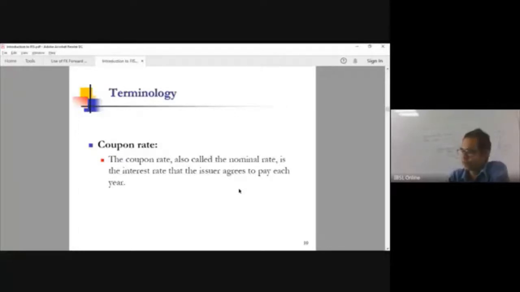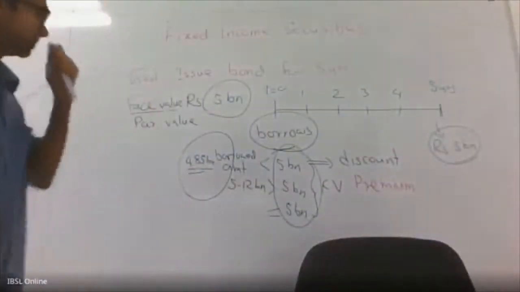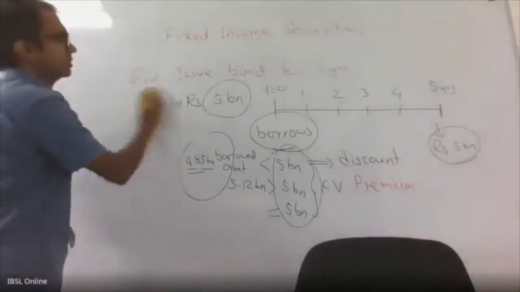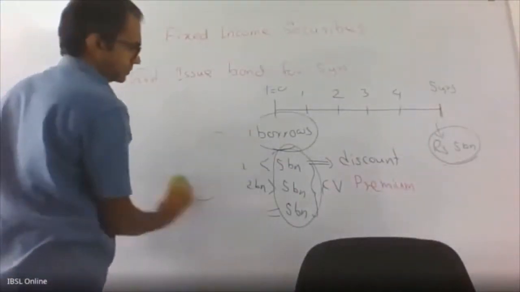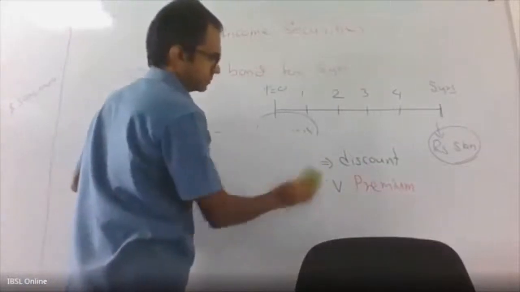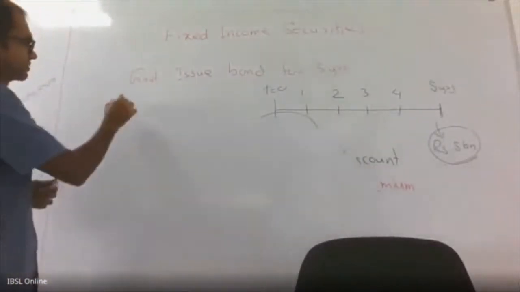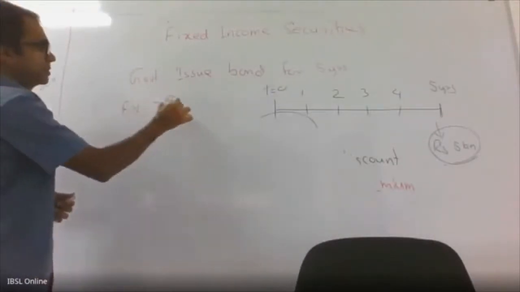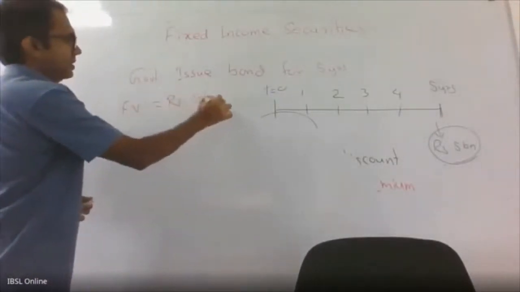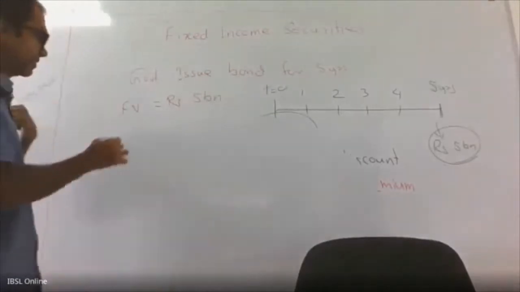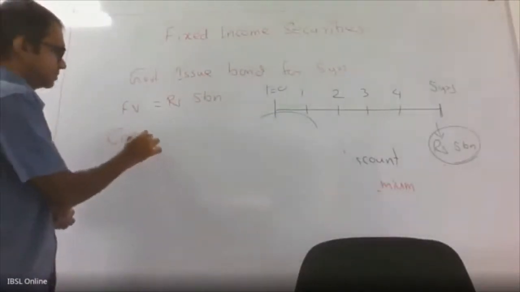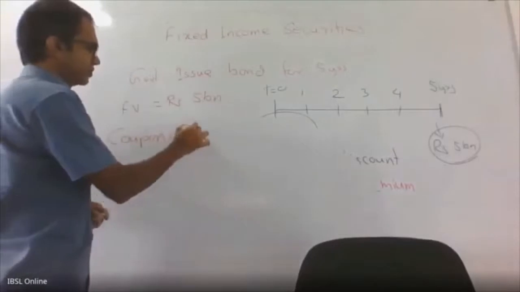Then the coupon rate. So if we go back to this, when government issue a bond, government says face value is rupees 5 billion. Not only that, we announced one more thing.